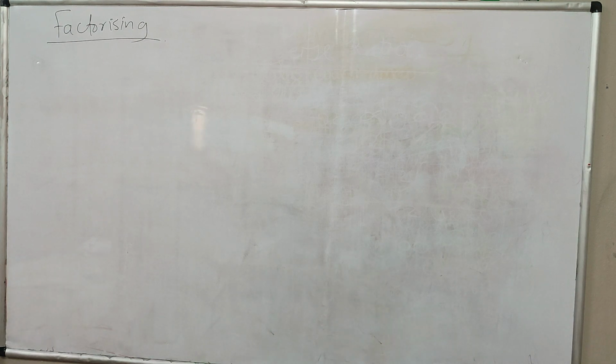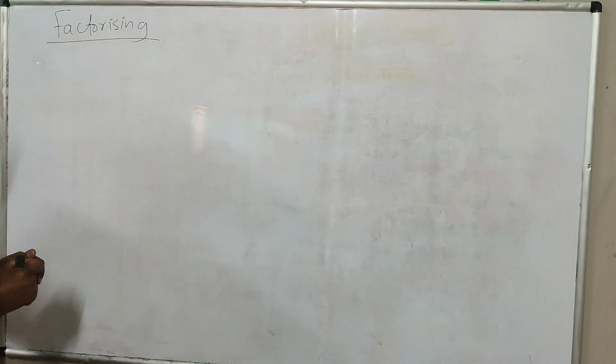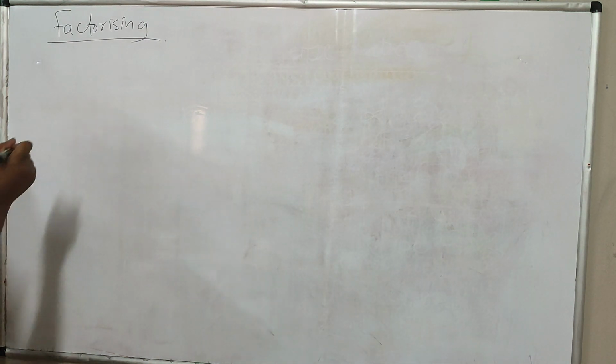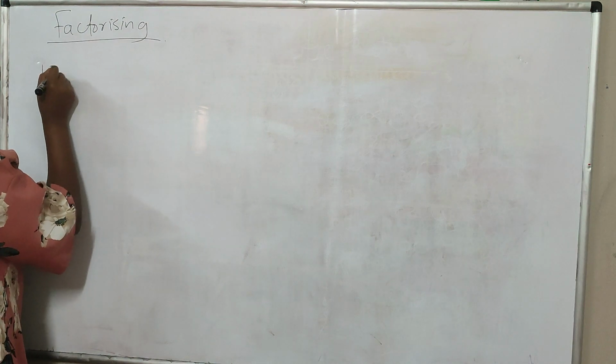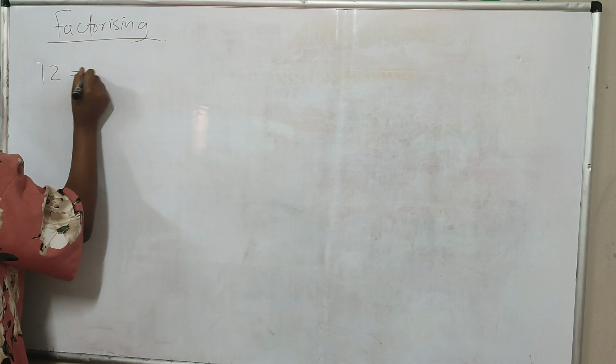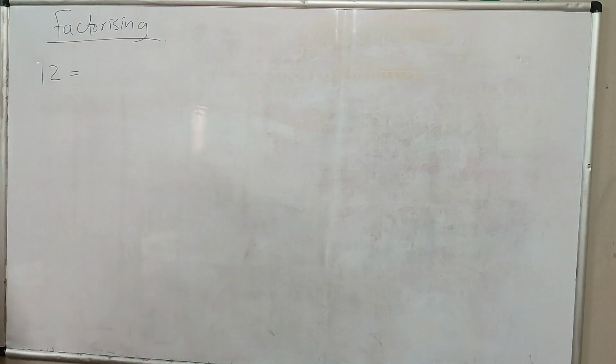Okay, so factorizing in its simplest form is a way of saying, for example, 12 is equal to... how can we factorize 12? Let me ask you guys, how can we factorize 12? If you understand what factorizing is, factorize 12 for me. It's like 1, 2, 3.